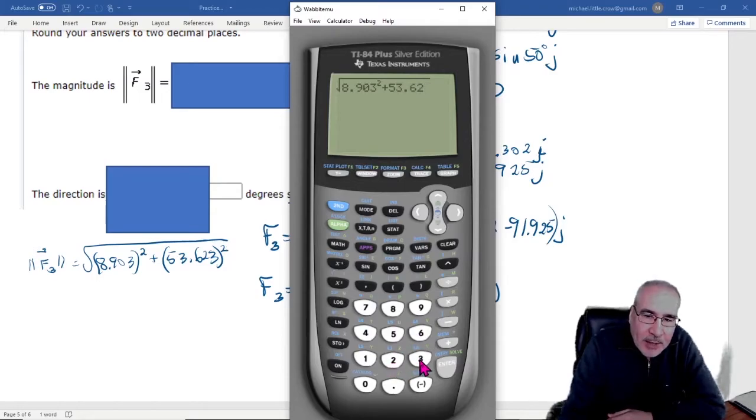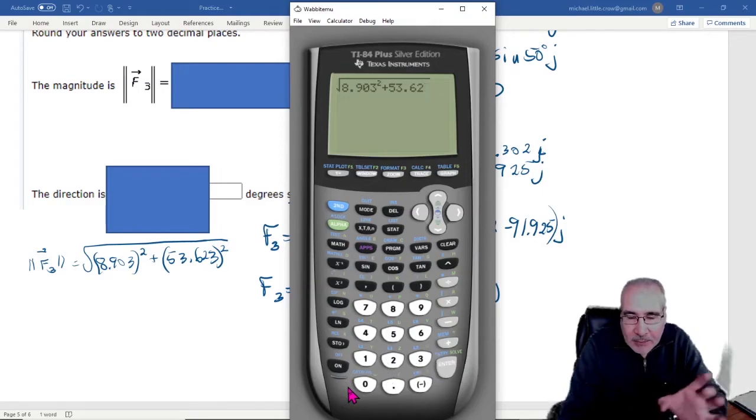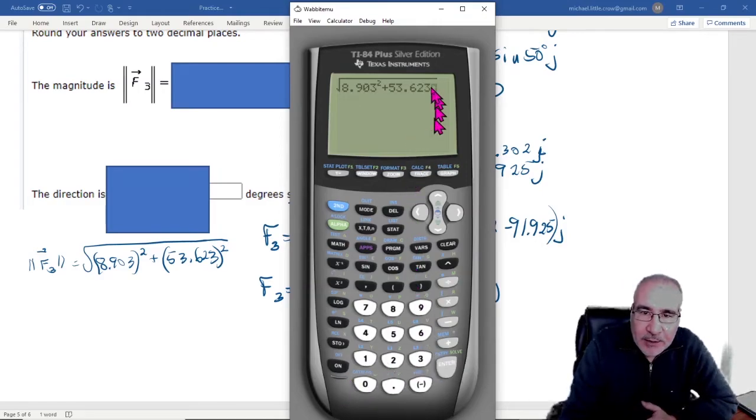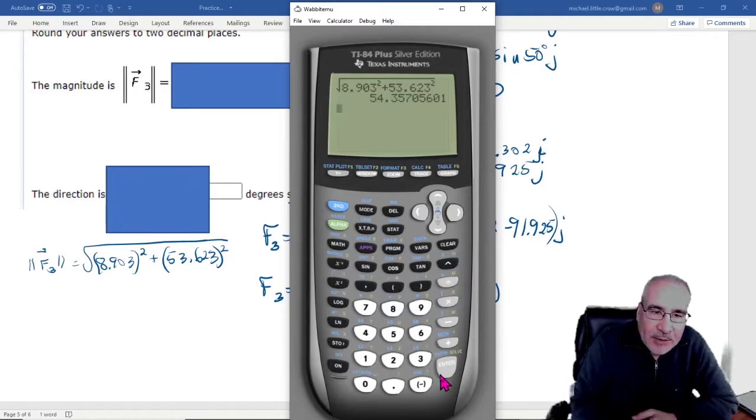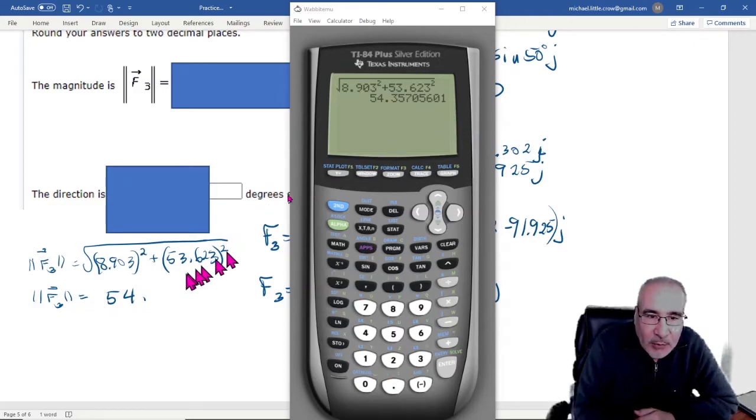Now, it should be minus, I guess, 53. But in the end, I just know this, when I square it, is going to be a positive answer. So I took off the negative. So we square both of these, we add them together, we take its square root, and that gives us that its magnitude is 54.36, right, rounding to 2 decimal places.